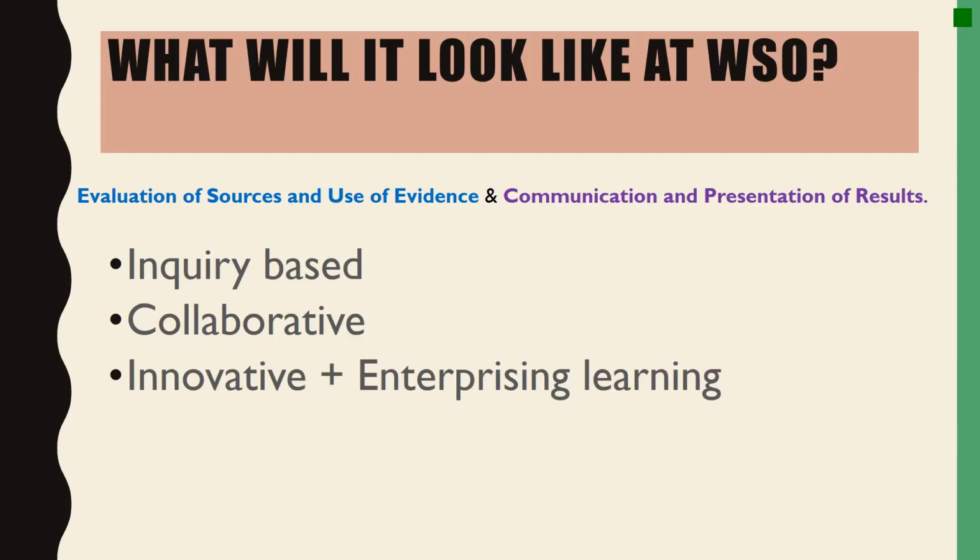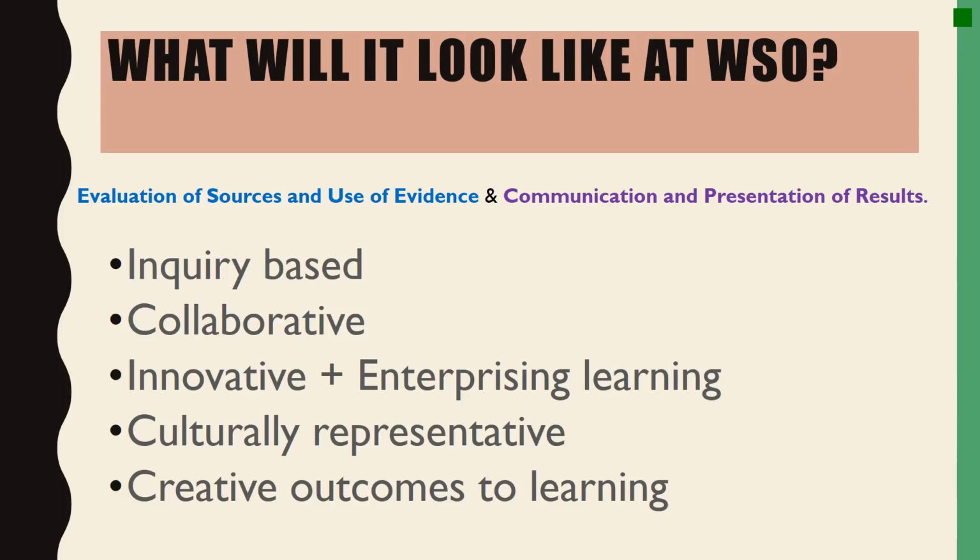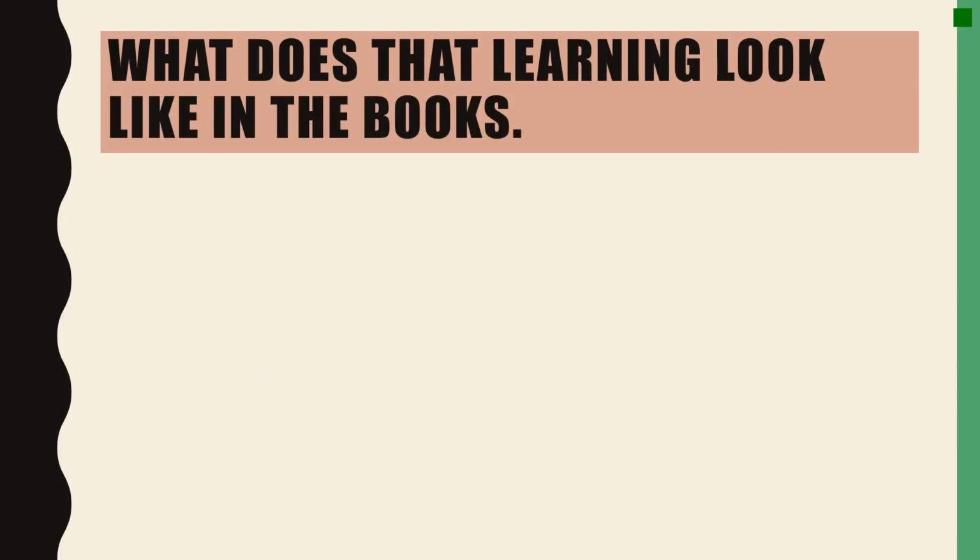They should all be innovative with enterprising learning, and they should all be culturally representative, remembering the purpose that we're making links between diverse groups and people, and that they have creative outcomes to the learning. So children getting the chance to work their way through Bloom's taxonomy from the very bottom of recalling all the way to creating at the top, that higher order thinking in order to represent their learning.